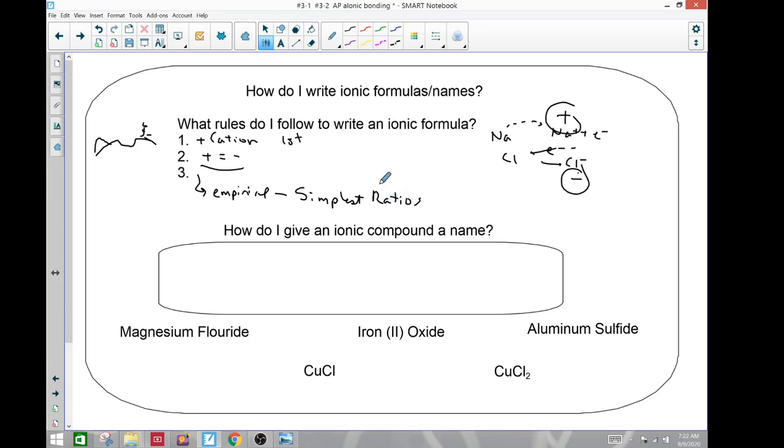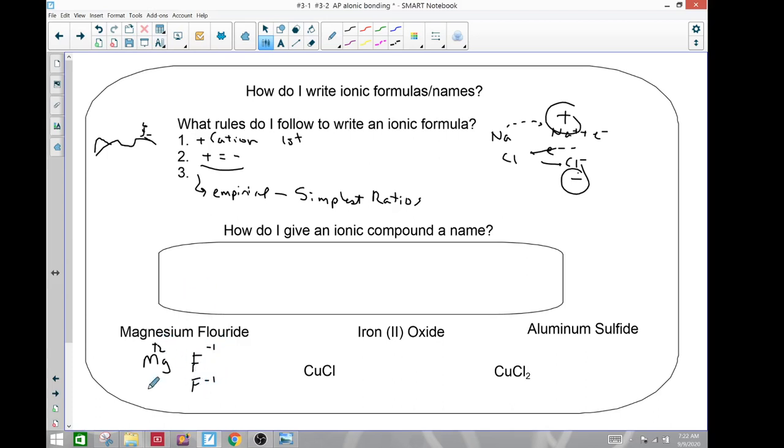So how do I give them a formula? Well, magnesium fluoride. There's a couple ways you could do this, but typically we're going to take the charge of magnesium and fluoride. This is a +2 charge in nature. This is a -1. How many fluorides does it take in order to make my charges equal? It takes 2 of them.